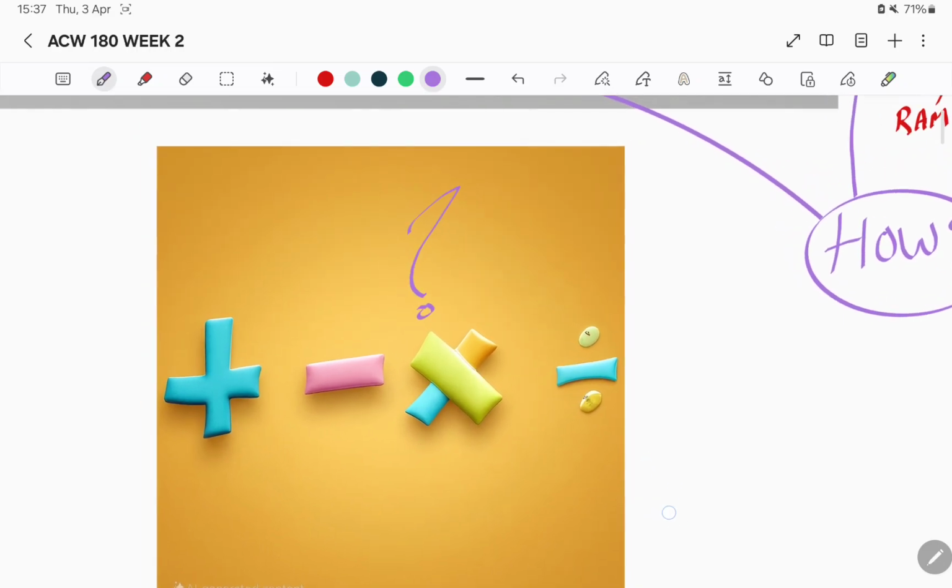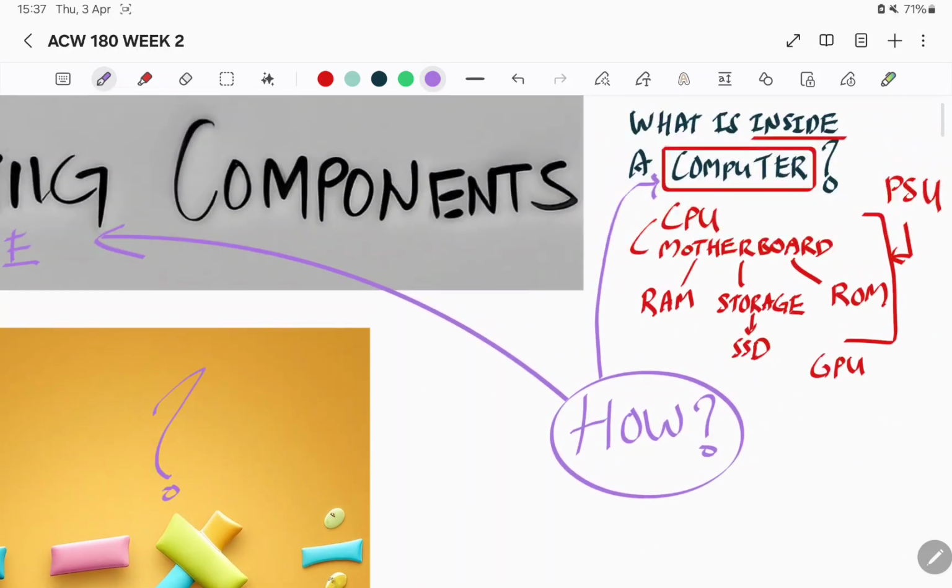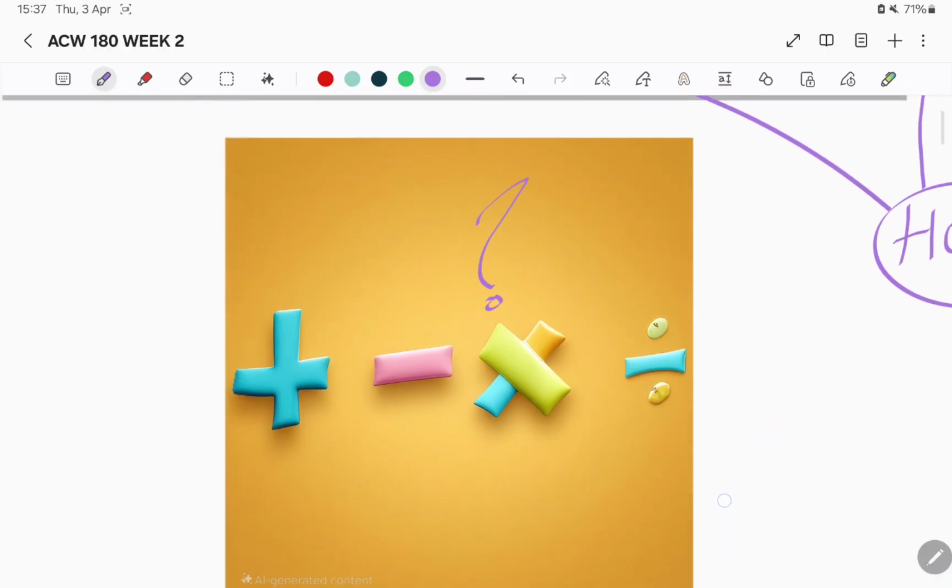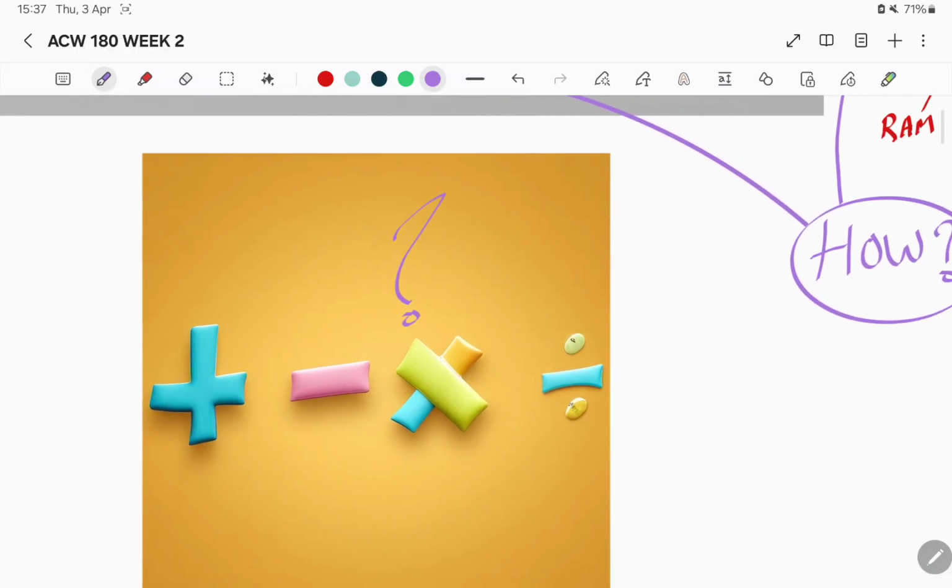That's why we want to learn a very basic, general idea of how a computer computes. This is not a hardcore computer science topic that I would go into.